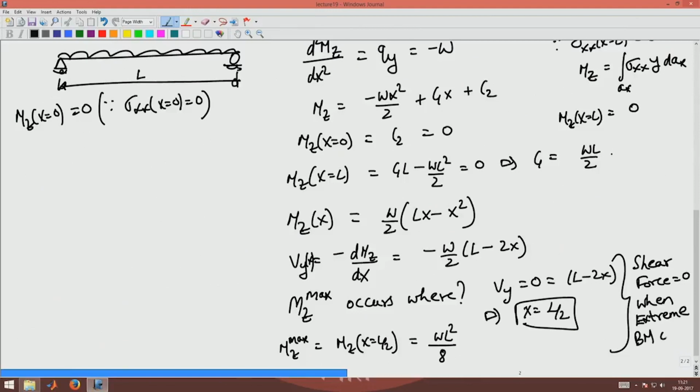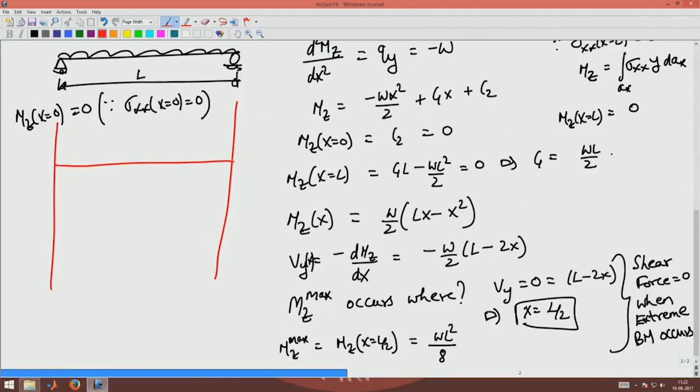So, let us now first plot these things on this figure, that is, I am drawing the shear force and bending moment diagrams. The bending moment diagram is a parabolic equation.